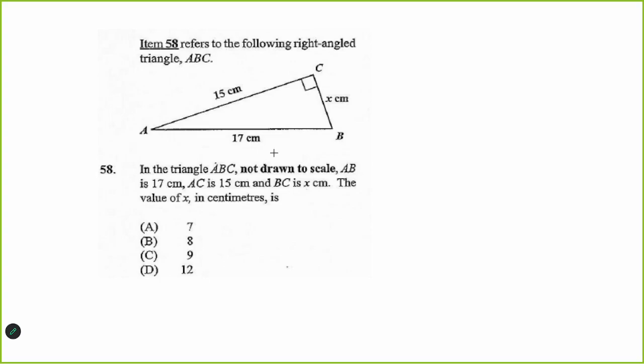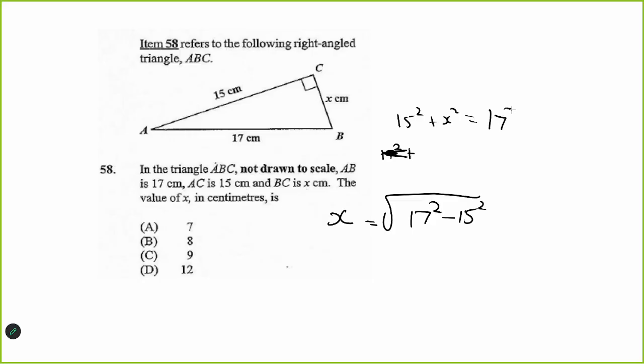This one here, so x would be the square root of 17 squared minus 15 squared. It was like, Miss, how did you get that? 15 squared plus x squared is equal to the hypotenuse squared, 17 squared.